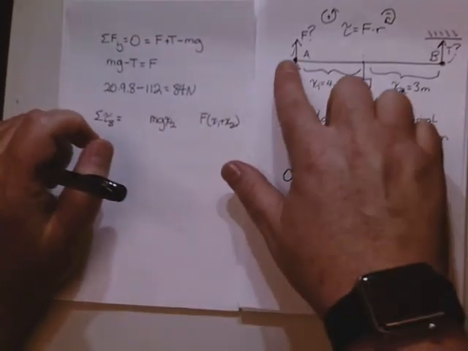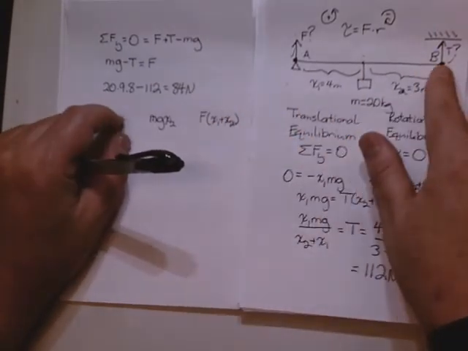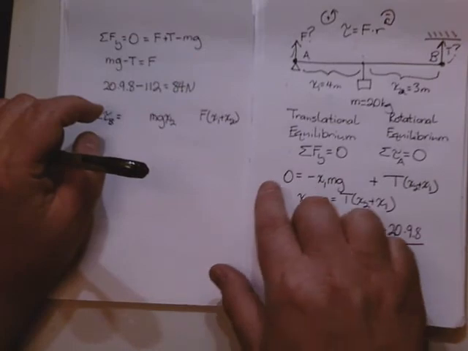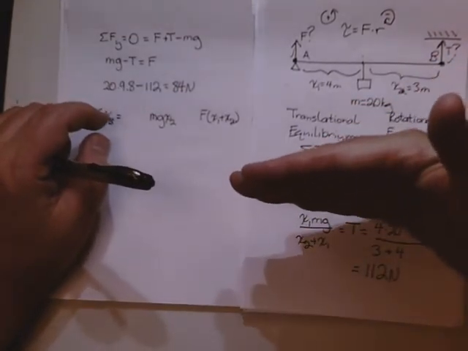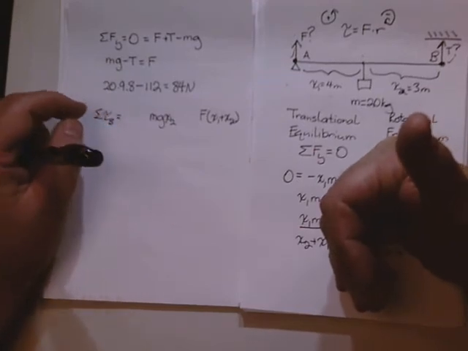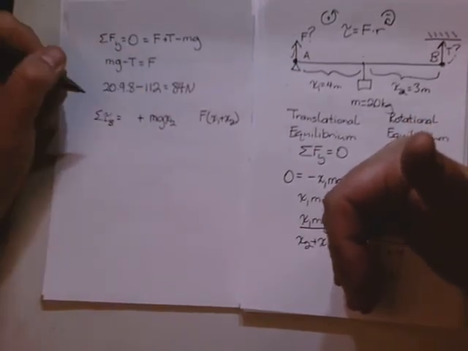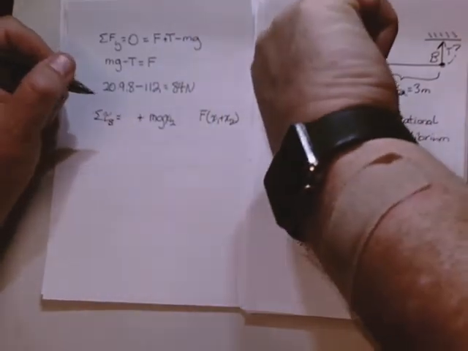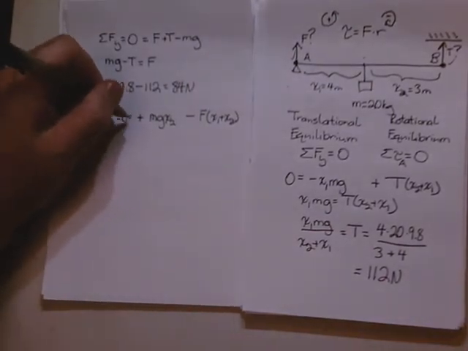The distance from the rotation point to F is x1 plus x2. From there to there is x2. So going from there left, using your right hand, down, the mg force produces a positive torque. Left, up, into the page, that makes it negative. And all of these are equal to 0.